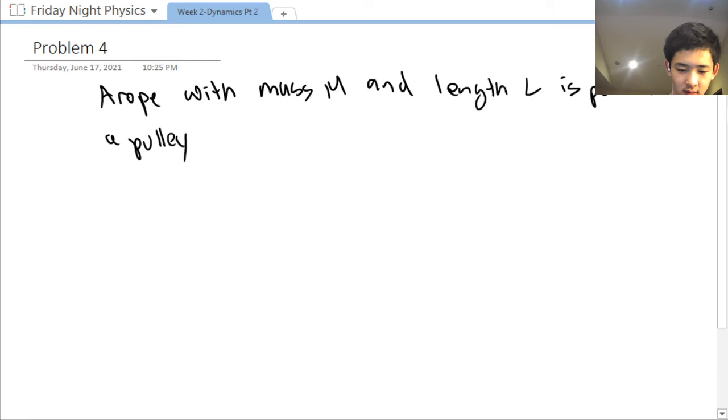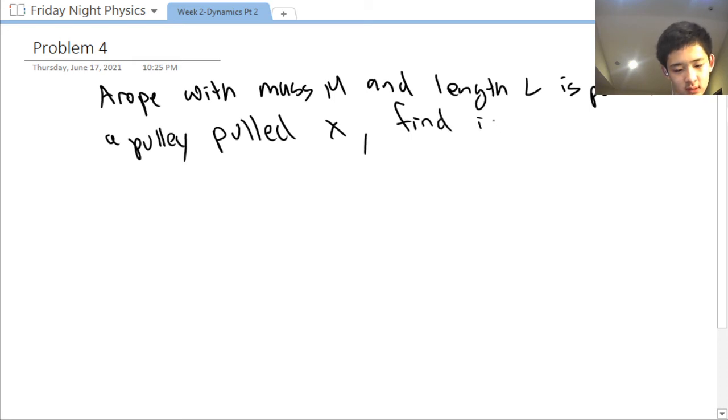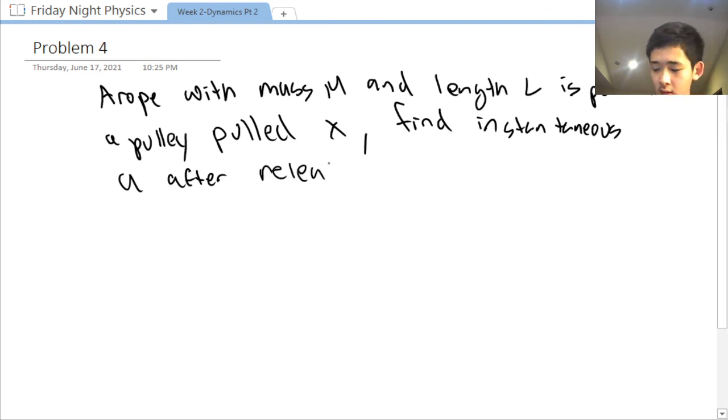So pulled x, find instantaneous acceleration after release. And we also know that this rope or string, whatever, has equal density.